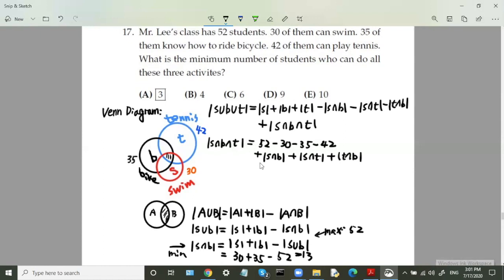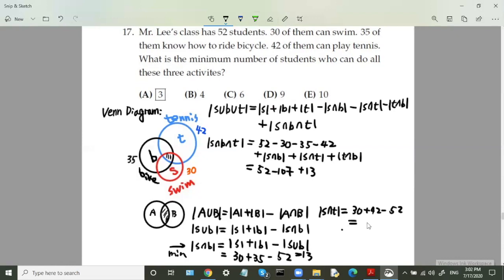So we will have 52, subtract 107, and plus 13. And we use the same way, we can get the minimum for the intersection S and T equals 30 plus 42, subtract 52.